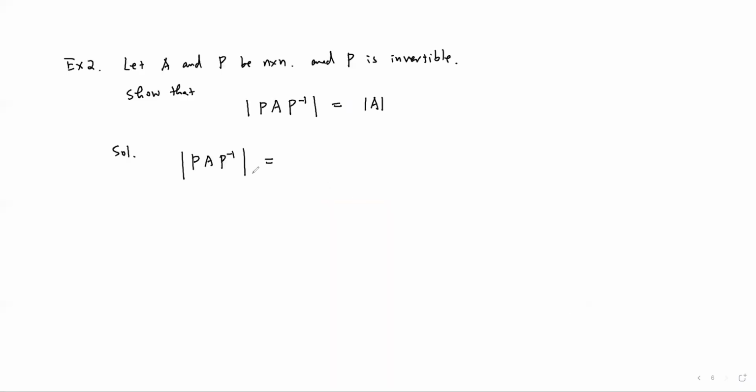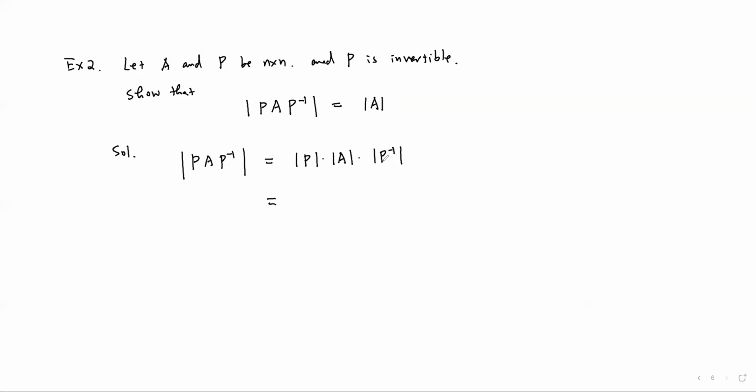This is a product of three matrices. So it is equal to P determinant times A determinant times P inverse determinant. A number times a number times a number.